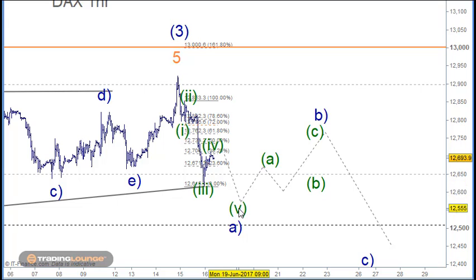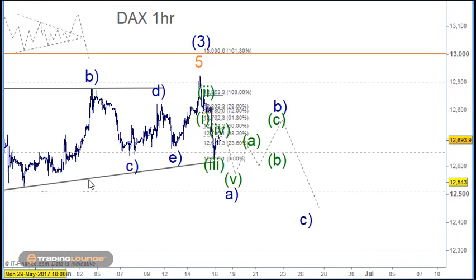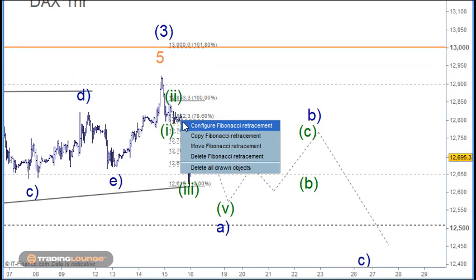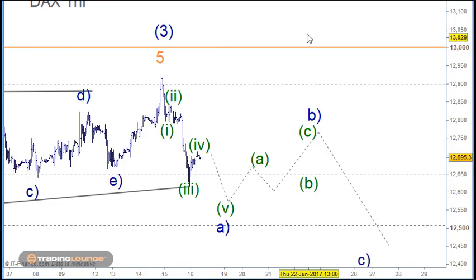So wave 5 can move down below wave 3 here, and also have roughly the same length as wave 1 here. This trend line through here is significant where it's bounced off from here. But once you've got that in play, we'll still look for a retracement level here.